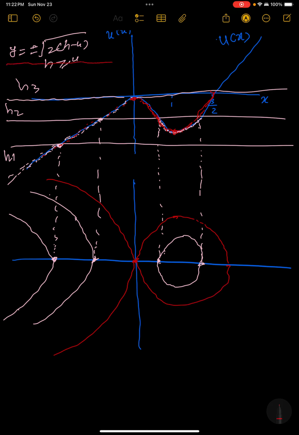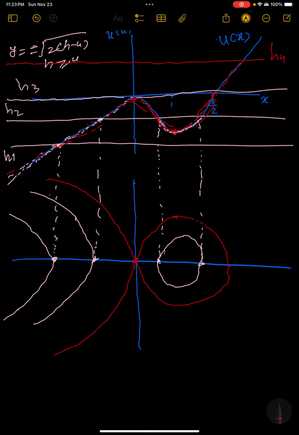Now suppose we have this h4. Okay, so for h4, we can see that this whole graph is below it. So we can see this whole area is below h4.